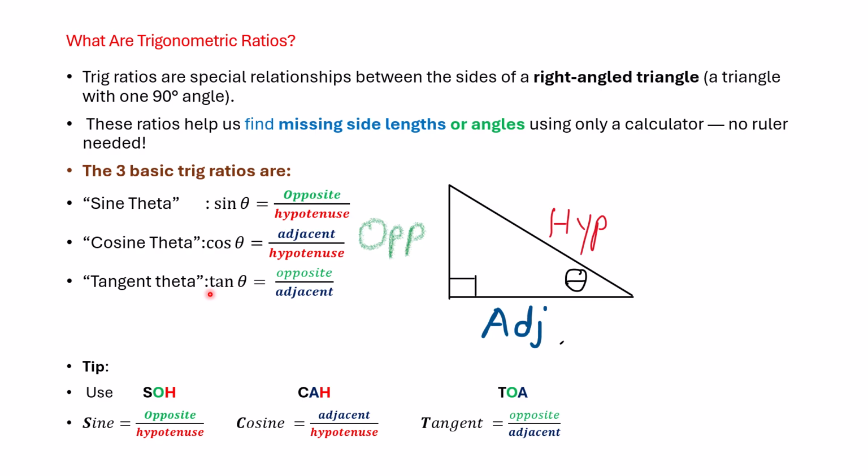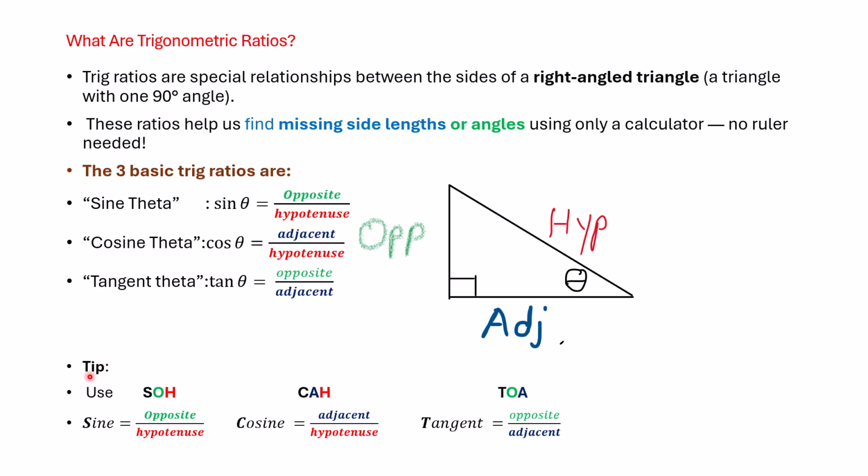And then tan theta will always be my opposite over my adjacent. Opposite over adjacent gives me tan theta, or mathematically y over x, also called gradient. But we won't go into that now. You'll do it when we do calculus.